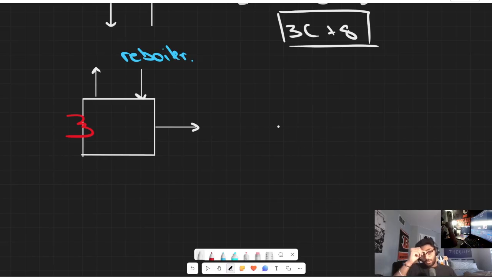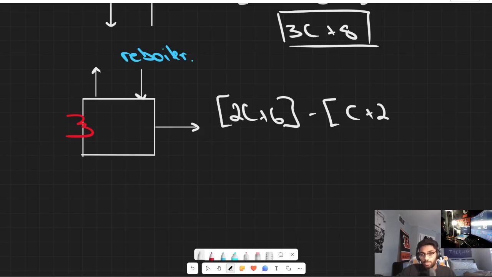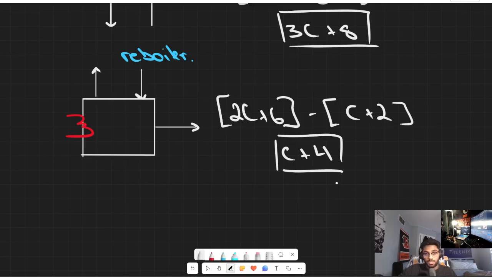So we see that we have two exiting streams still, so our temperature and pressure equality still applies. However, 2C plus 6 is our equilibrium stage, and then we are subtracting C plus 2 for the absence of an entering vapor stage. And when we do that, our degrees of freedom for a reboiler is C plus 4.